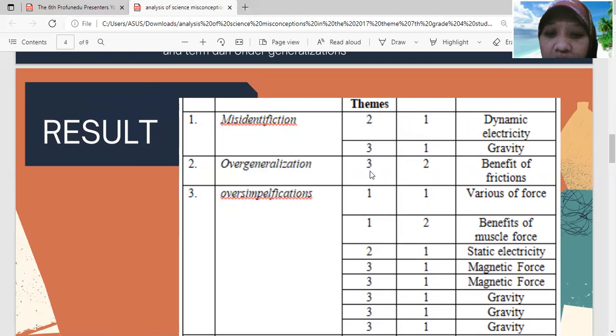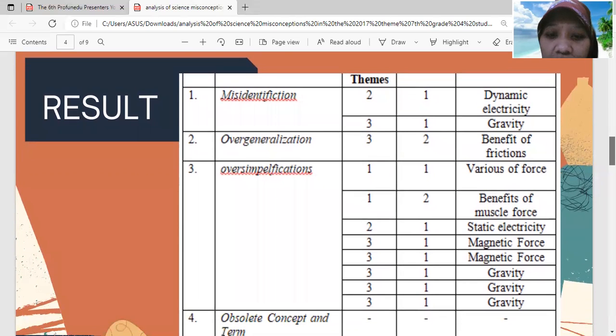It is found in Theme 3 and Learning 2 about the benefit of friction. And the third category is oversimplification. They are found in Theme 1, 2, and 3 and Learning 1 and 2 about the concept of various forces, the benefit of Pascal force, static electricity, magnetic force, and gravity.